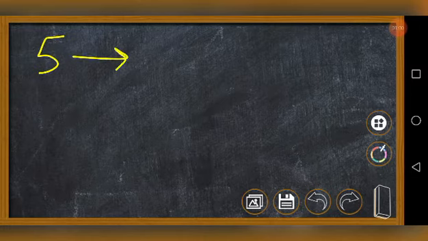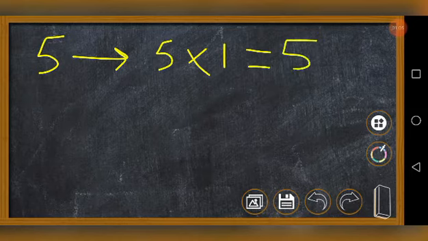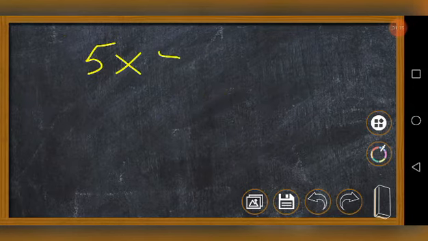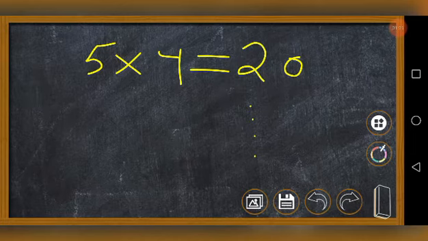Now take another example, 5. What are the multiples of 5? 5 times 1 equals 5, 5 times 2 equals 10, 5 times 3 equals 15, 5 times 4 equals 20, and go on.